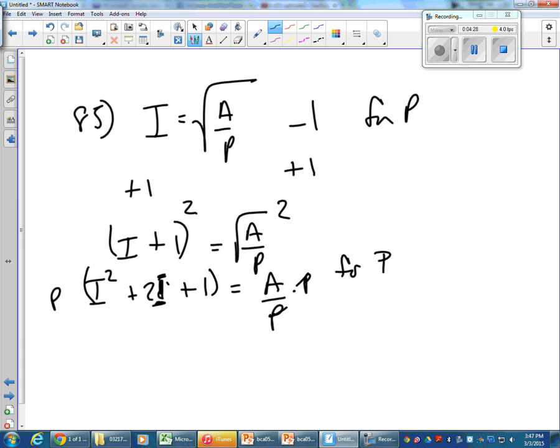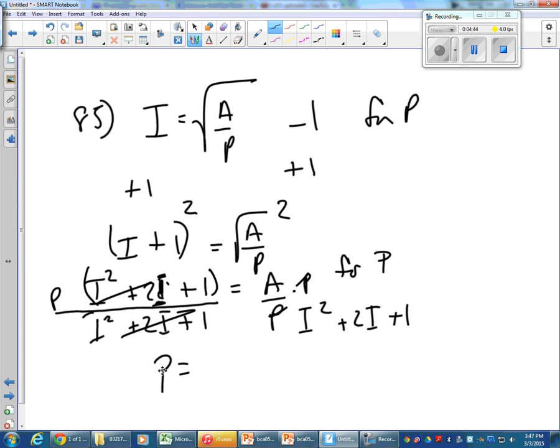Then if I want p by itself, I'm just going to divide by what I have here in parentheses, I squared plus 2I plus 1, and that will cancel out. So p equals a divided by I squared plus 2I plus 1.